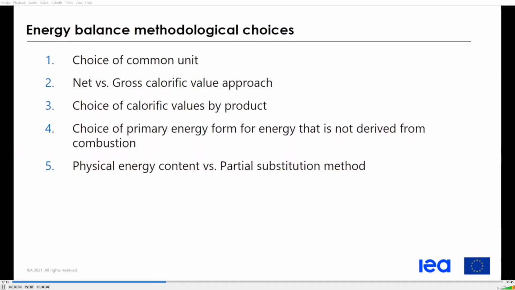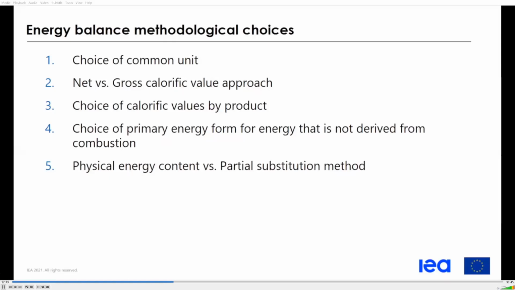The IEA balances are expressed in terms of net calorific value. The change from the original units to tons of oil equivalent implies choosing coefficients of equivalence between different forms and sources of energy. When constructing an energy balance, it is necessary to adopt conventions for primary energy from several sources, such as nuclear, geothermal, solar, hydro, wind, etc.